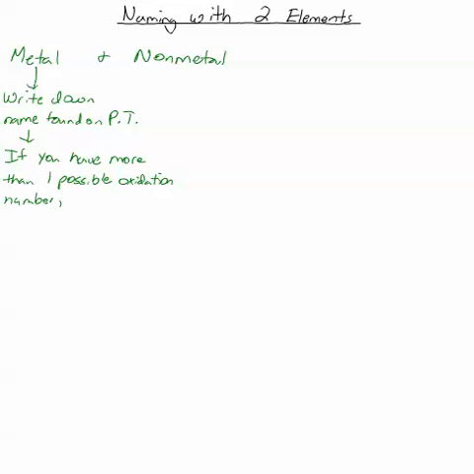Okay, so if you got more than one possible oxidation number, the first thing you need to do is determine the charge, just like what we've been doing when we're looking at the oxidation numbers. Okay, so use the ones you know to figure out the one you don't know. And then put the charge in parentheses in Roman numerals.